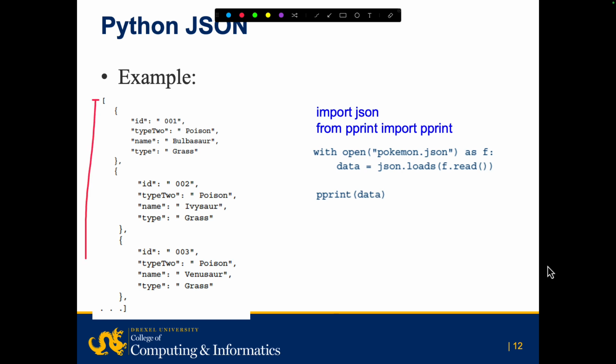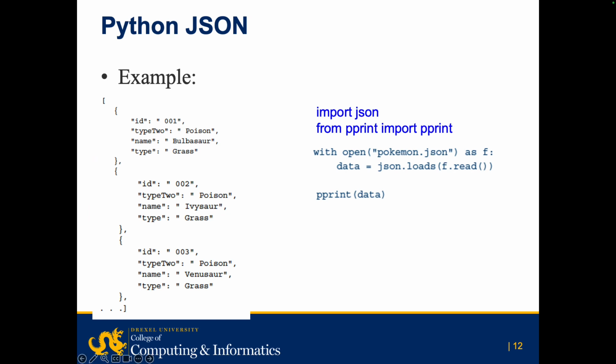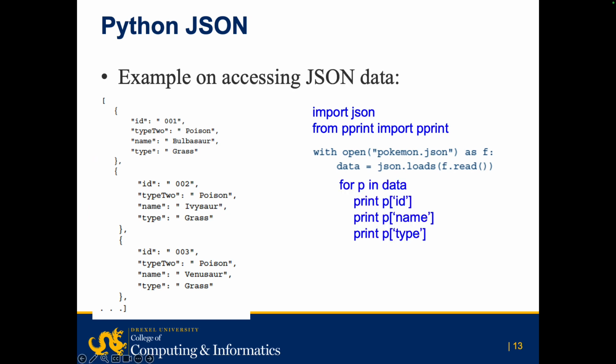Pokemons in a list of JSON objects, and let's say this is the JSON file you try to load. Sometimes it's a local file, but it can also be from your API. So you open it, and then you can simply just read it, and in that case, that data is loaded as JSON format.